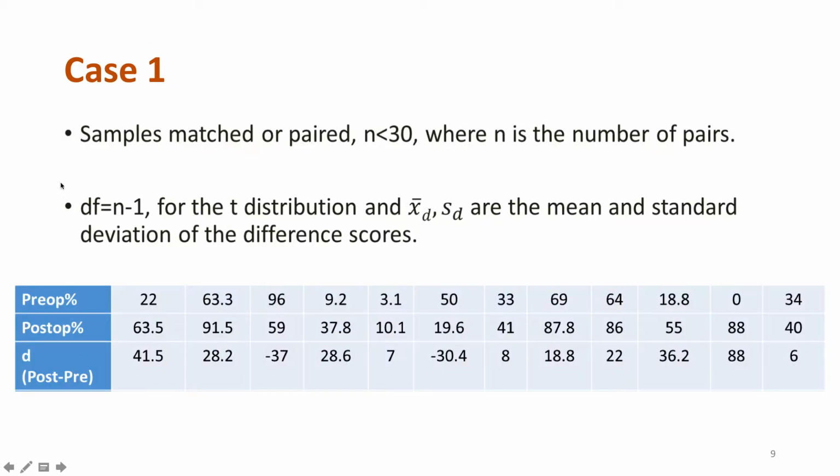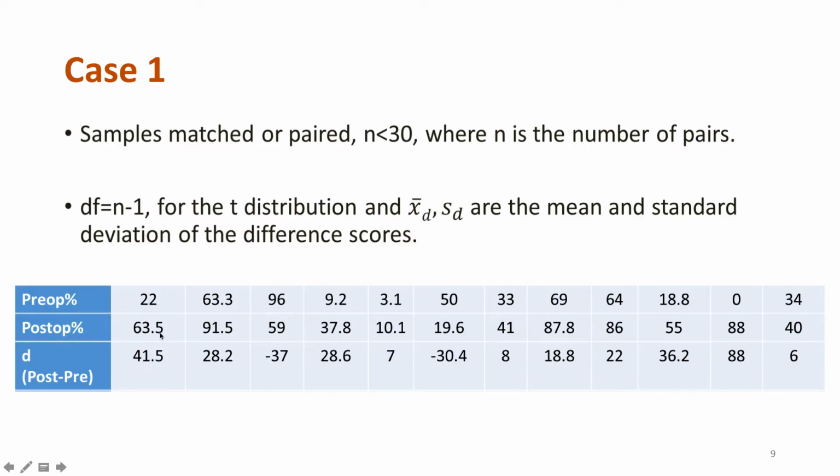So now, sample matched or paired and smaller than 30, where n is the number of pairs. So here, because it is essentially one sample, even though there are 12 observations here and 12 observations here, it's like there are 24.